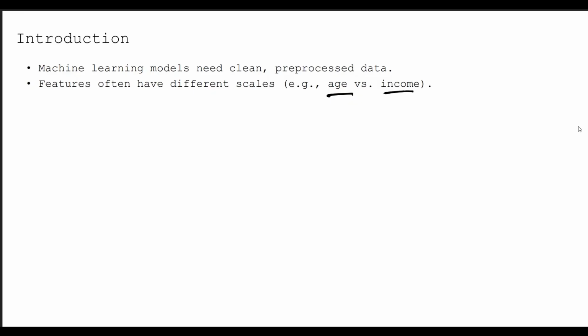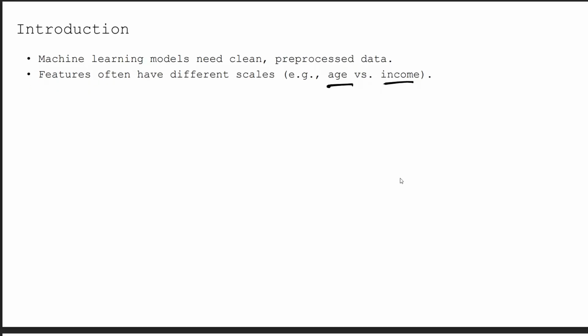The model might end up focusing more on the income feature because it's a large number compared to the age, and it can even ignore the age factor altogether. This is a major issue: it can cause biased predictions and cause the model to misinterpret the feature importance.